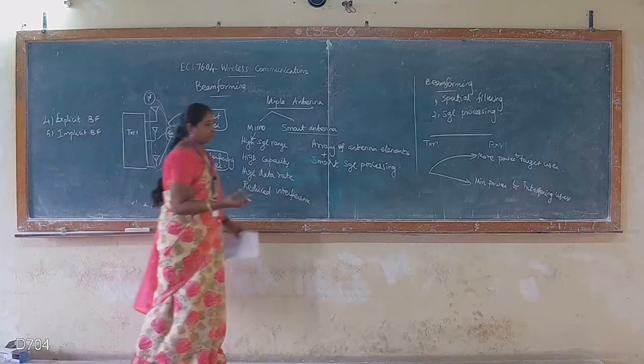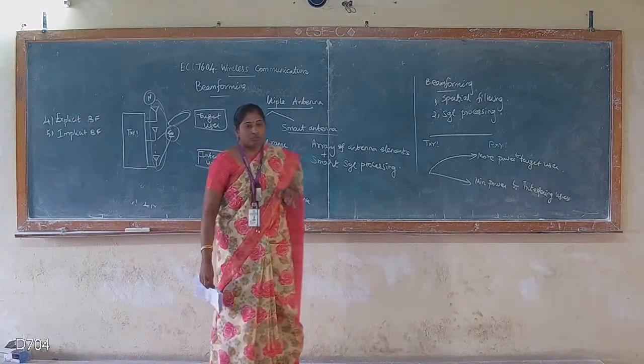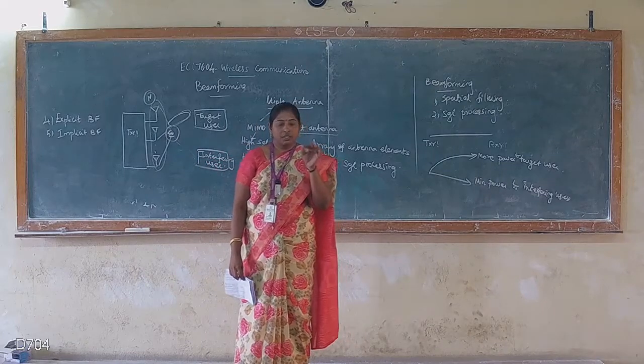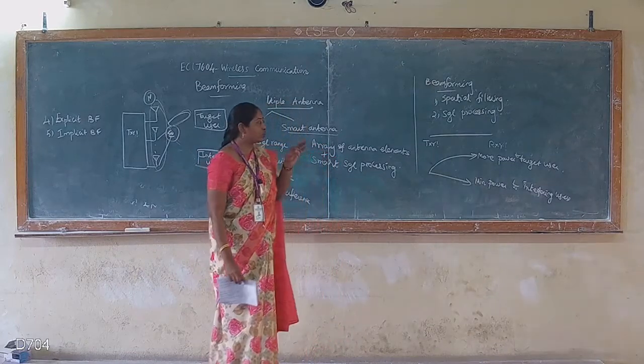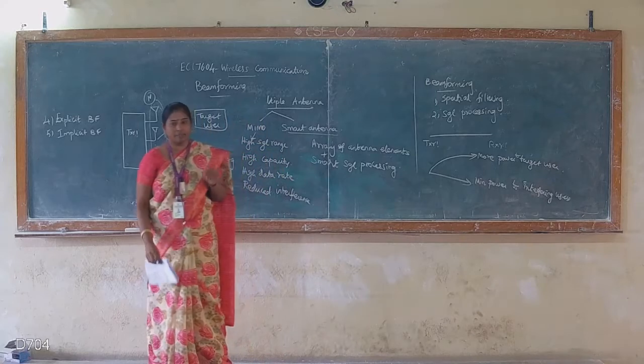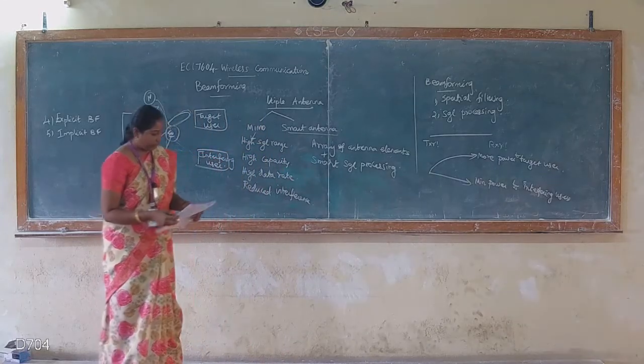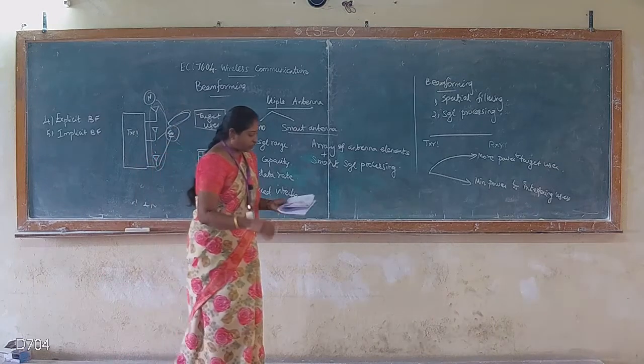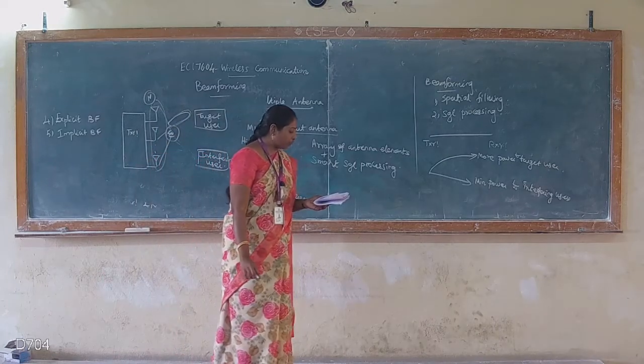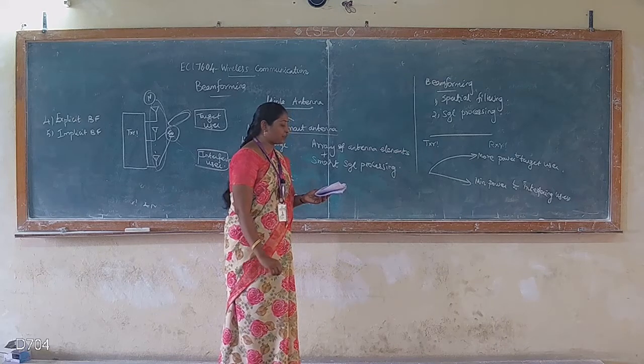Write down the definition of beamforming. Beamforming, another name for which is spatial filtering, is one type of signal processing technique. Note down the definition. It's a signal processing technique used for directional signal transmission and reception.